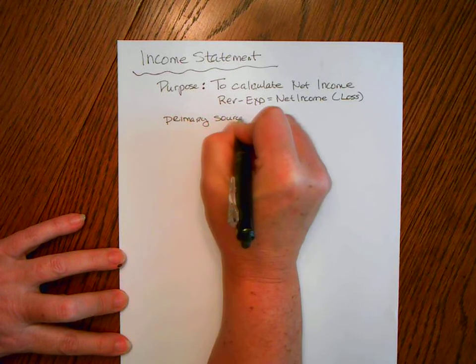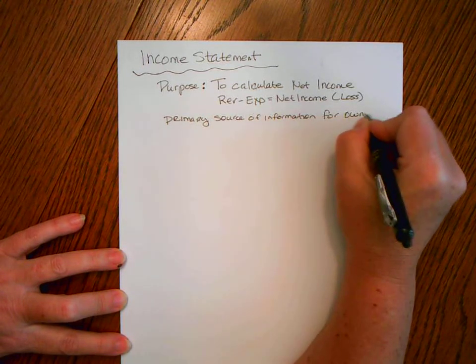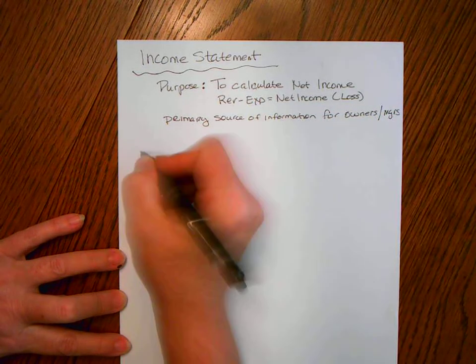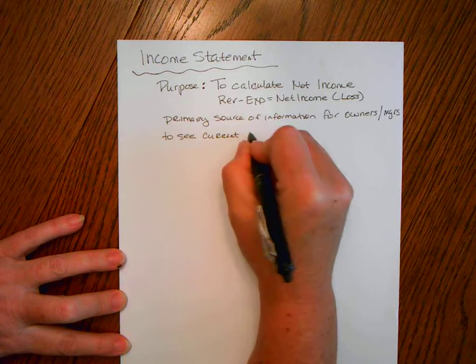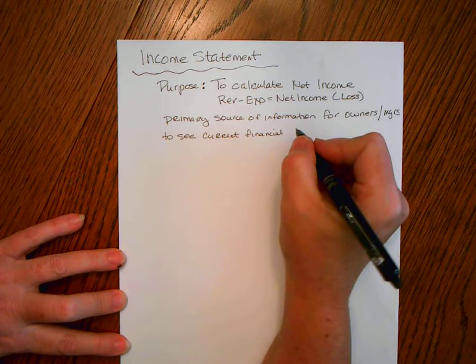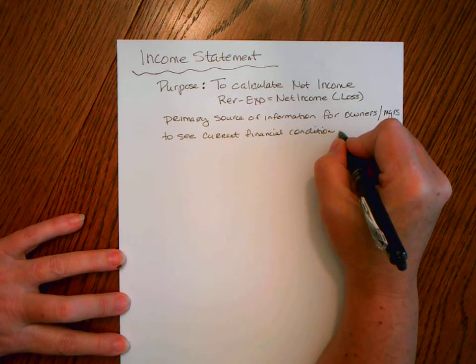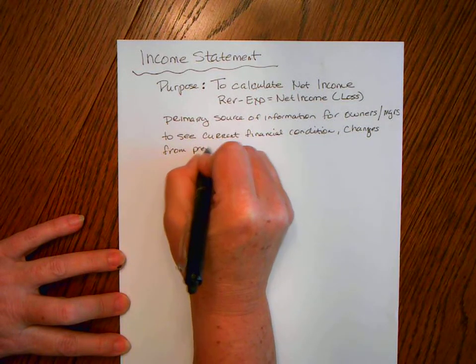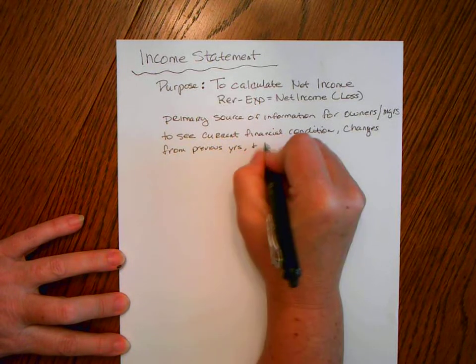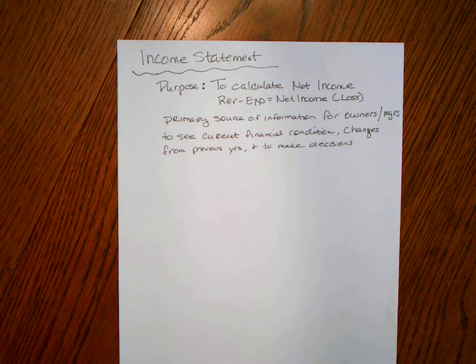So this is their primary source of information for owners/managers to see the current financial condition of the business, to see the changes from previous years, and to make decisions based off this information. Okay.